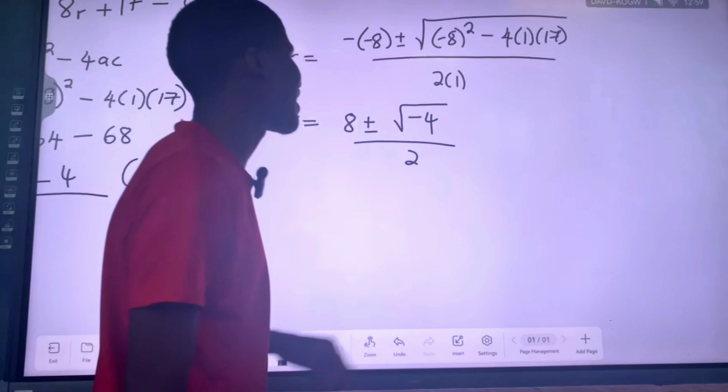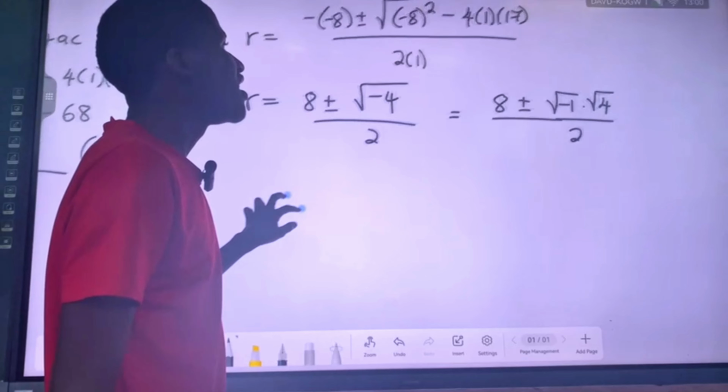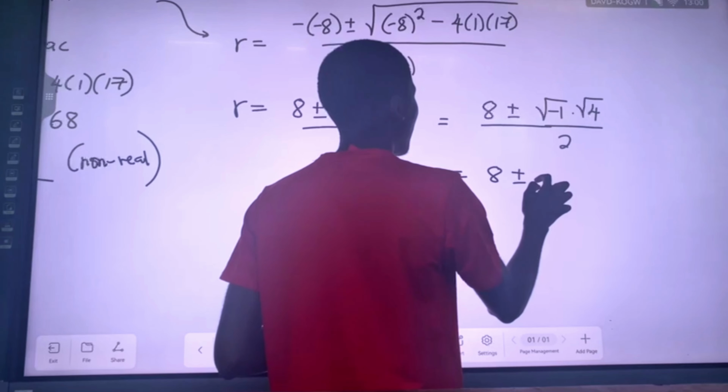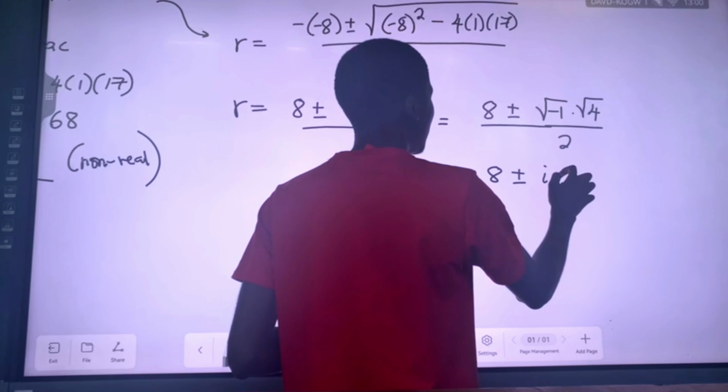So this will give you 8 plus minus i times 2, so this is 2i, over 2. Simplifying again, this will be 4 plus minus i. These are the roots.